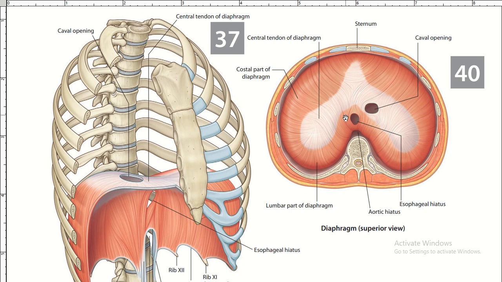And then after that, you're going to have the esophageal branches of the left gastric artery. You're going to see it in the abdomen.